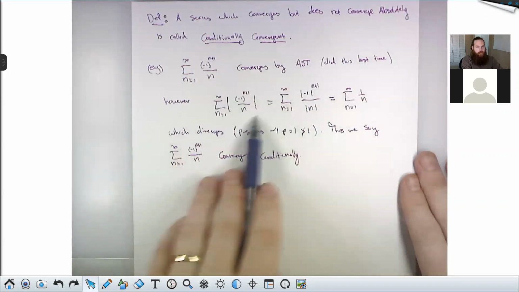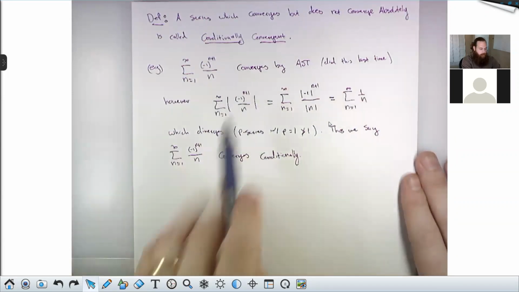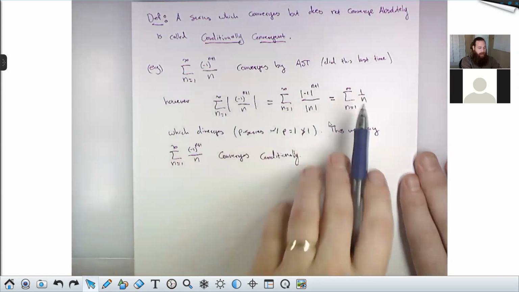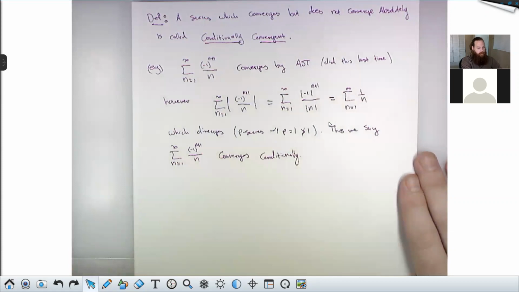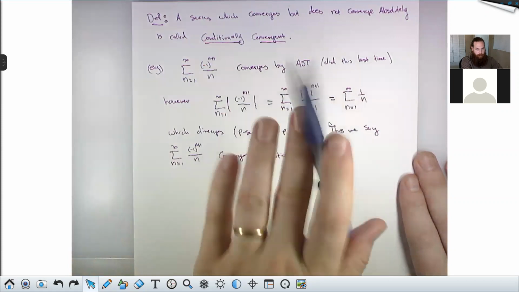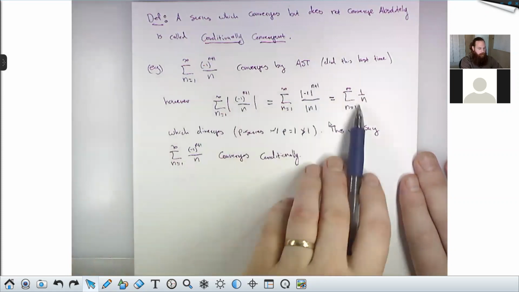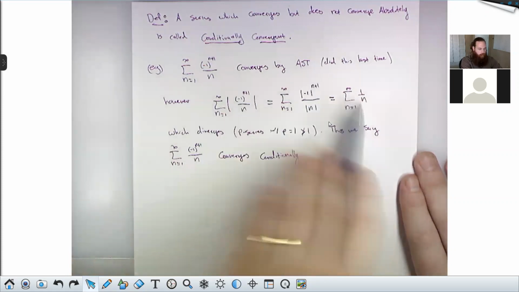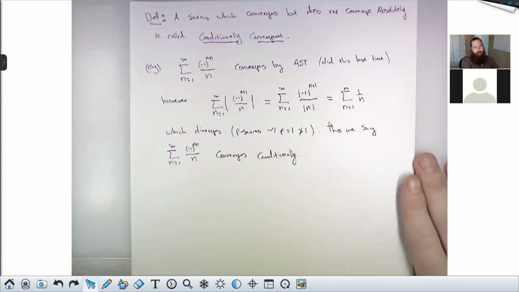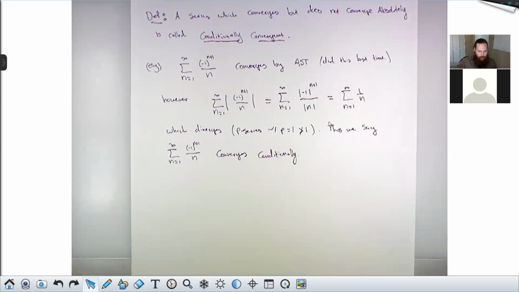If the absolute value version converged, then we would say that the series converges absolutely, but the absolute value version diverges. So the original converges by the alternating series test. We went through that before. But the absolute value version diverges. So you converge, but you don't converge absolutely, which means you converge conditionally. Right? That's what conditional convergence means.